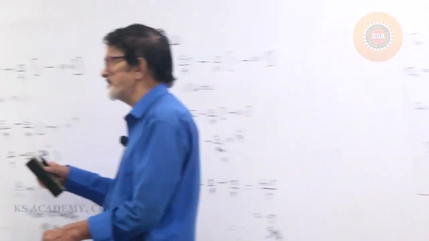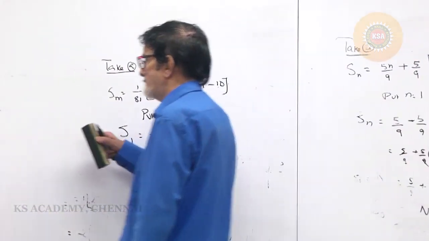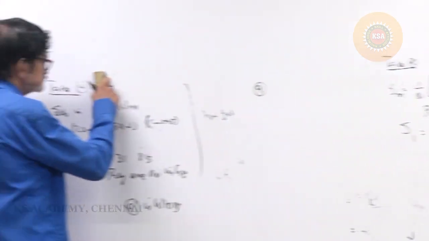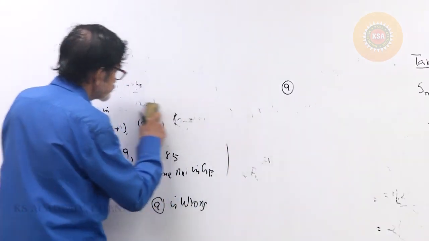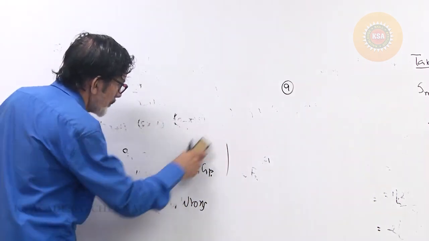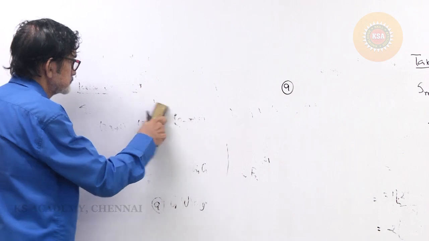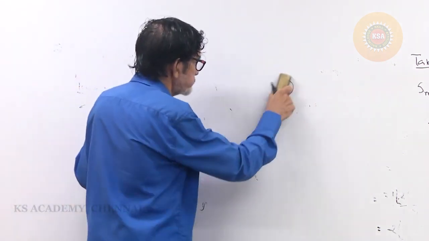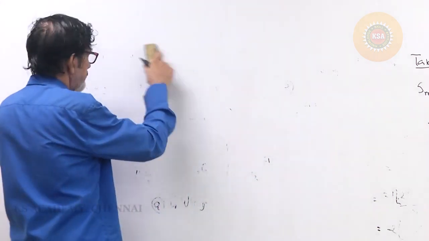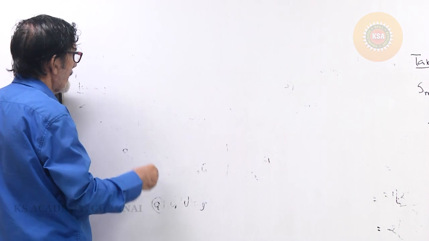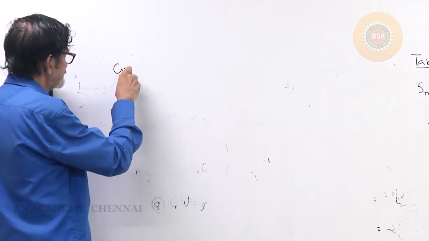First we write given x is equal to given.